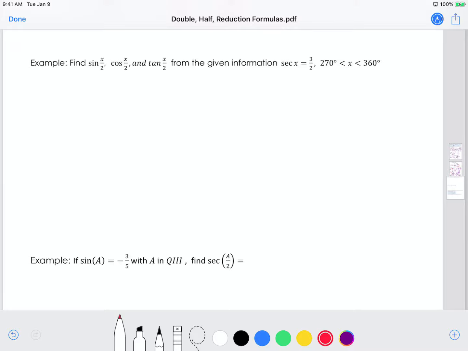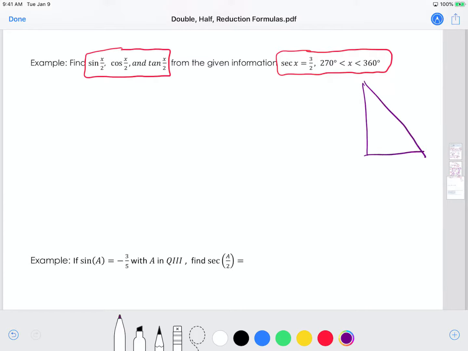Okay, next example. It gives me some information about angle x, and it's asking me to find sine, cosine, and tangent of half x. So I'm going to set up my triangle. Here's angle x. Secant is hypotenuse over adjacent.